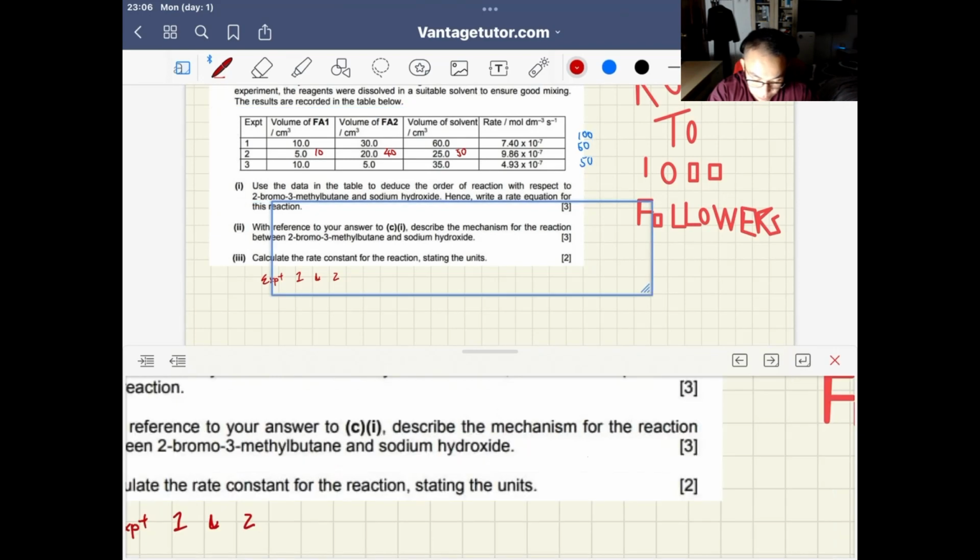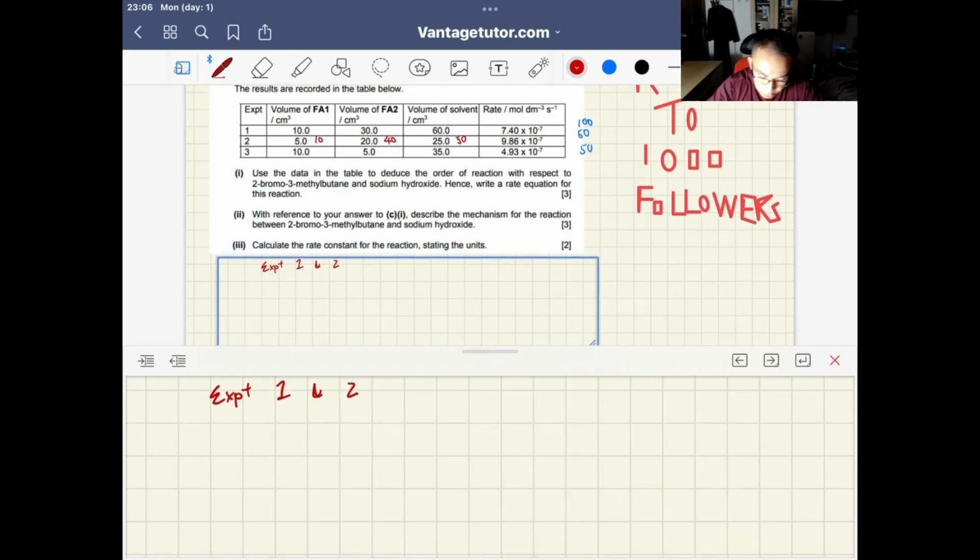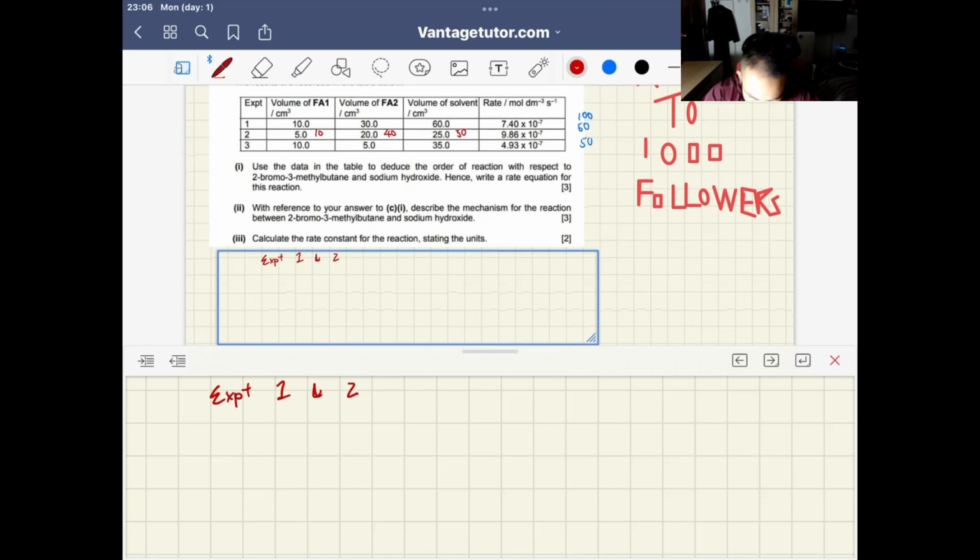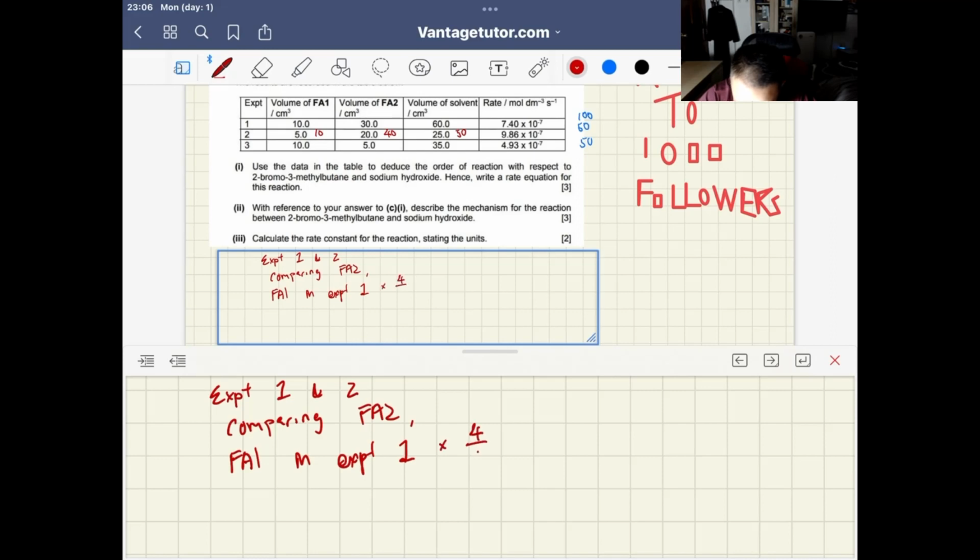So by using experiment 1 and 2, comparing, I can see that Fa2 in experiment 1 is multiplied by 4 over 3 to become experiment 2.